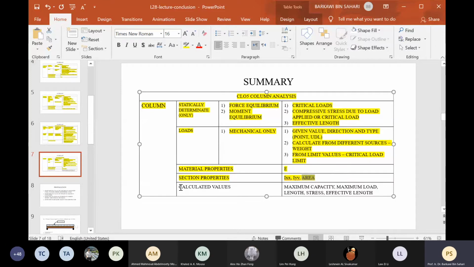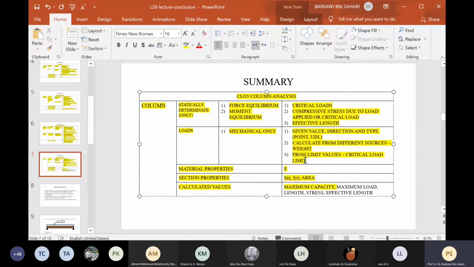Now, what are the values that are normally encountered in this case is the maximum capacity. In other words, if it is about a column supporting a liquid tank, then we want to know what is the capacity of the tank supported by that column before the column buckles. So that's the capacity of the tank.